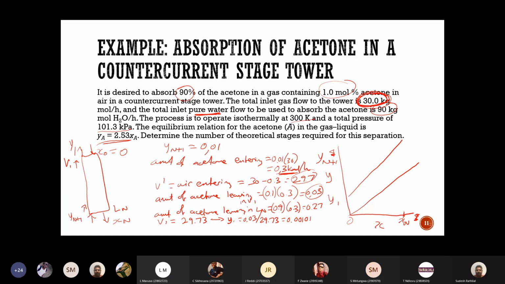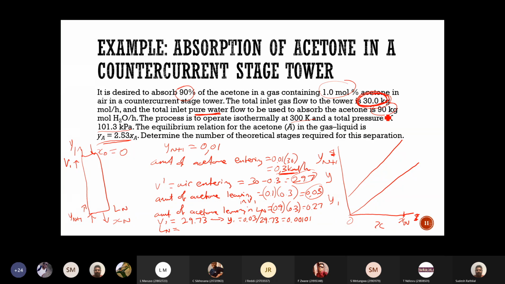We do the same thing for the other side. I want to work out Xn and Ln. Ln is the total flow rate coming out. It will be equal to the total water that's coming out, which is L prime, plus the amount of acetone that's coming out. The water coming out is the same as the water going in.